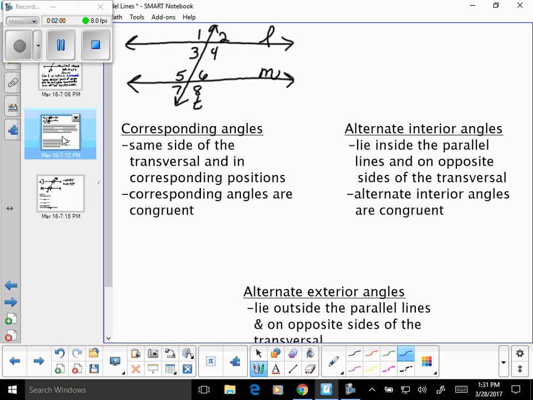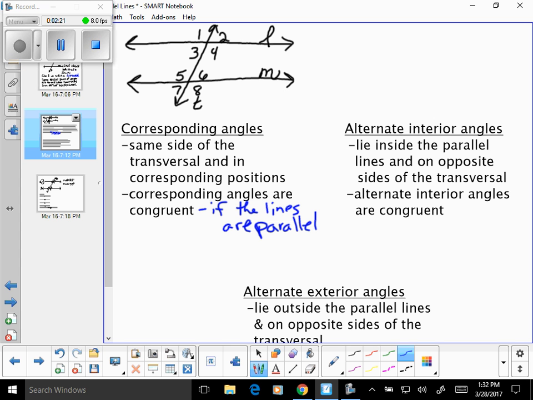Corresponding angles are congruent if the lines are parallel. Now, they will still be considered corresponding angles if the 2 lines aren't parallel, but if they are congruent, then that's one way that we can prove that the lines are parallel.